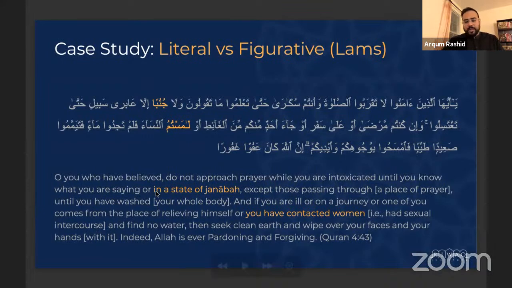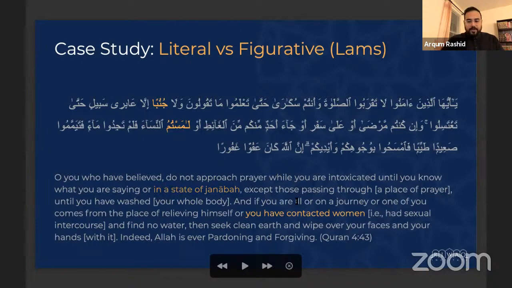One of the things already mentioned in the ayah is the state of janaba. So why would the ayah repeat lamastum, right, here, if it's already talking about janaba? Because if you say this is sexual intercourse, janaba already puts you in that state where you need wudu.